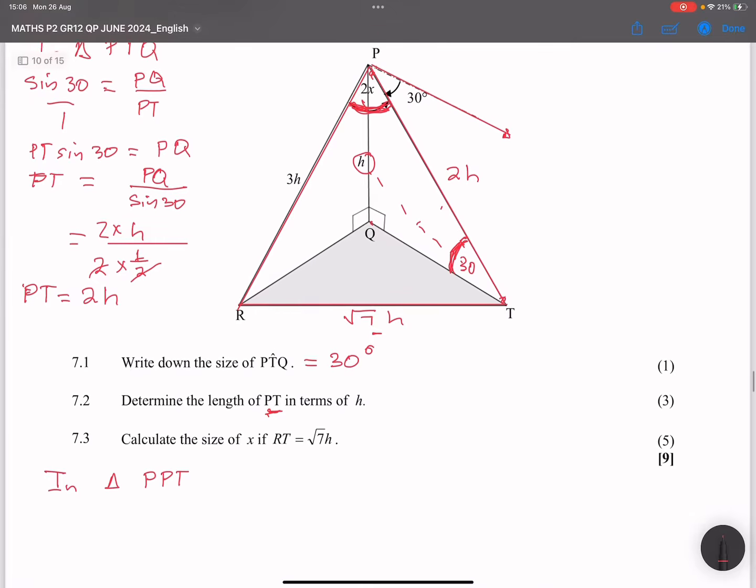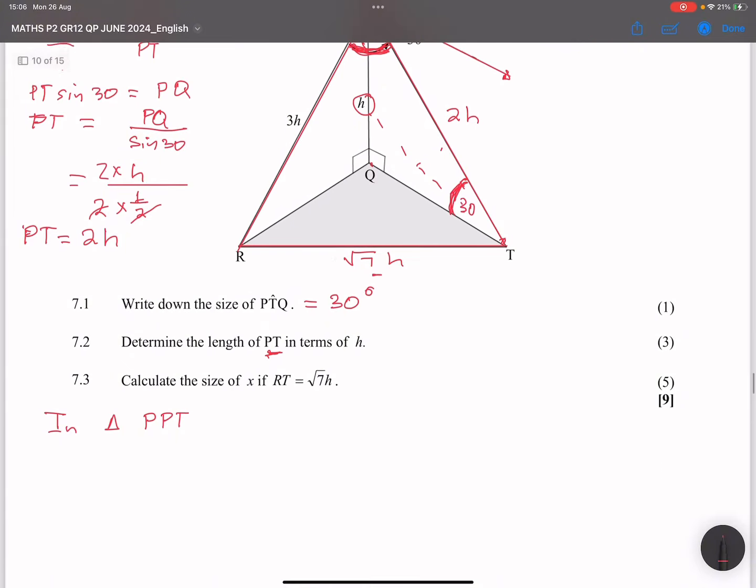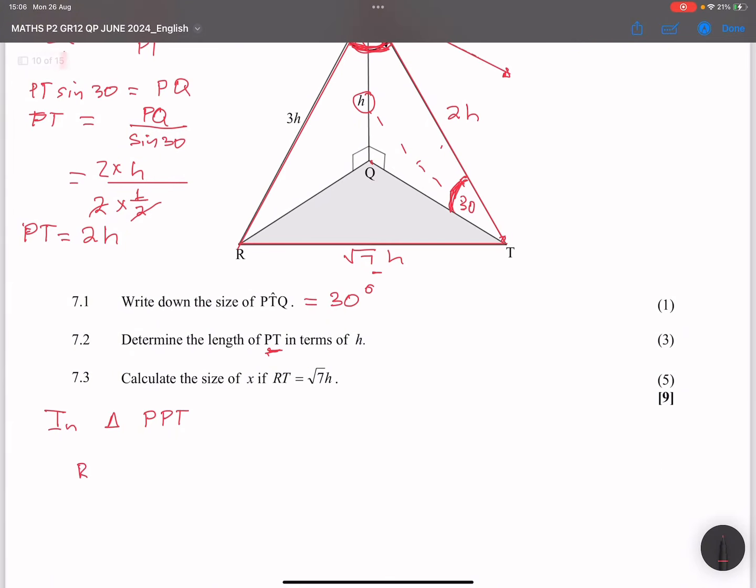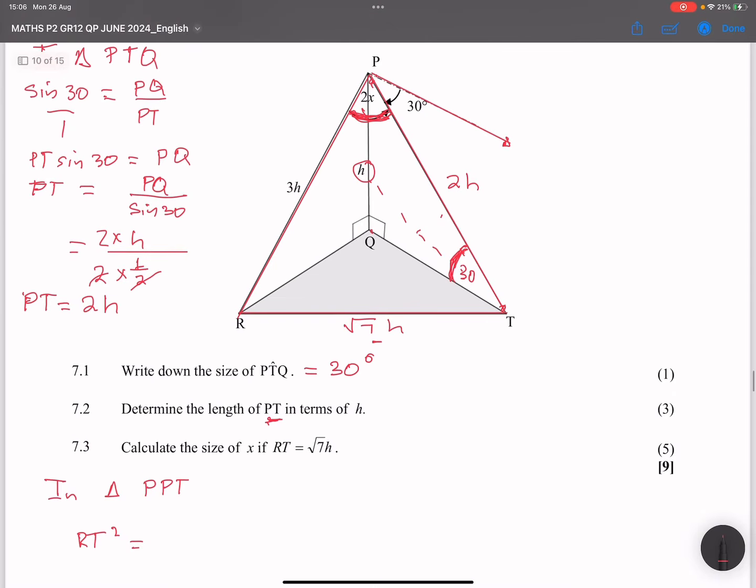RT squared is equal to PR squared plus PT squared minus 2 times PR times PT, the cosine of 2x.